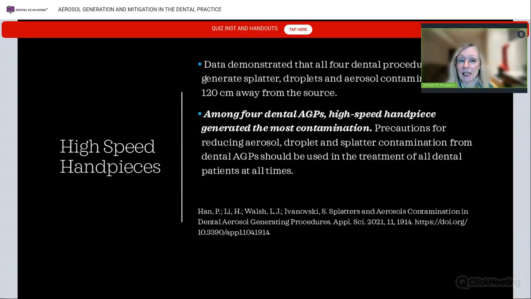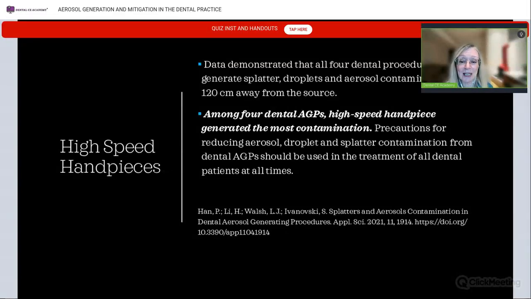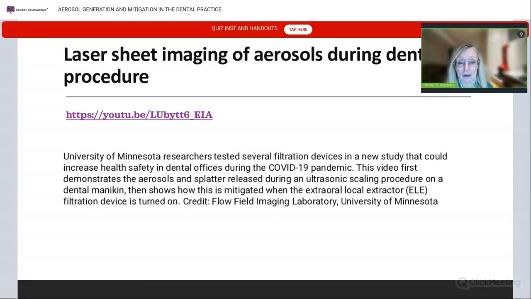When you run a high-speed handpiece, it creates a vortex that's going to suck back in saliva and whatever other materials from the patient's mouth into that handpiece and spray it back out again. So you need precautions for reducing aerosol, droplet, and splatter contamination from these aerosol generating procedures. And again, you're going to hear Glory talk about monitoring the air quality.